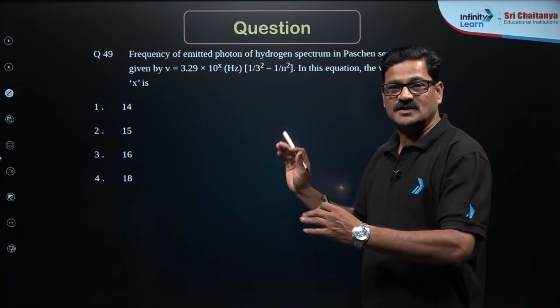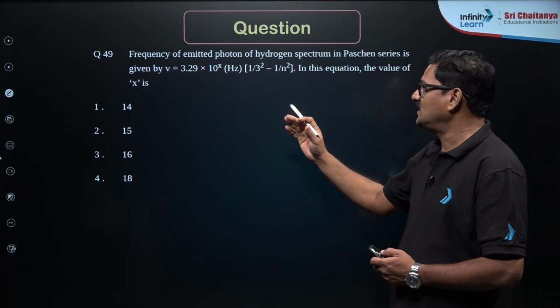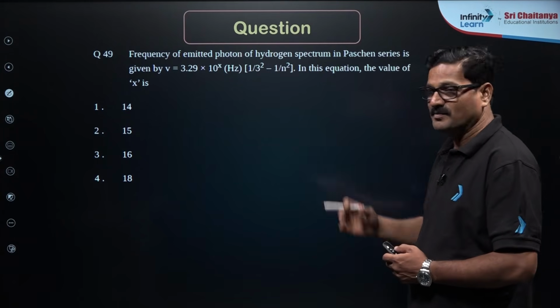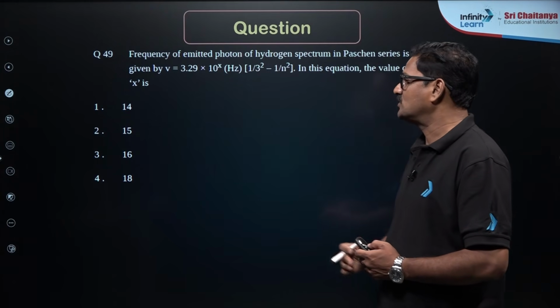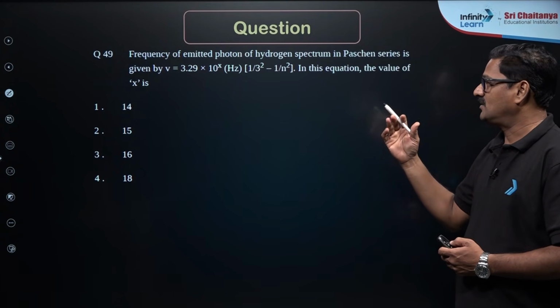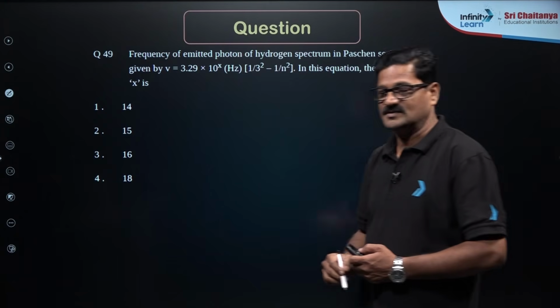Students, this question is from the hydrogen spectrum, structure of atom. The frequency of emitted photon of hydrogen spectrum in the Paschen series is given by nu is equal to 3.29 into 10 raised to x of 1 by 3 square minus 1 by n2 square. In this equation, the value of x is?